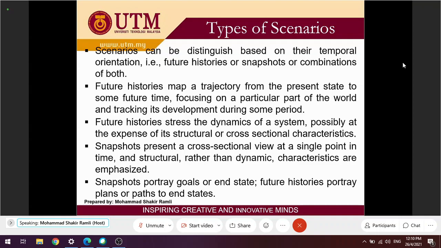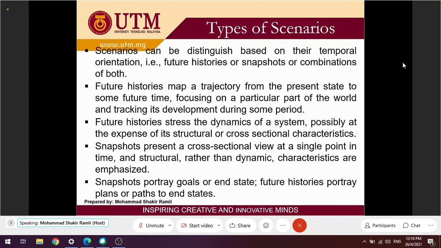Snapshot portrays goals or end state results. What we are supposed to achieve at the end of the schedule or at the end of the result. Yeah, the target. For example, we want to increase sales, so we want to increase the production target. So we have the annual production schedule, or we call it MPS, Master Production Schedule, which portrays each month.